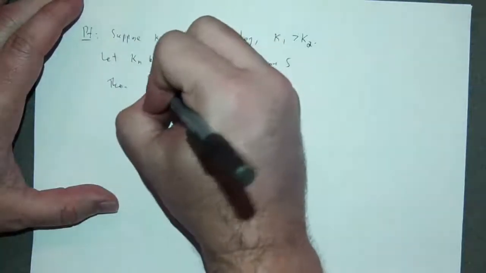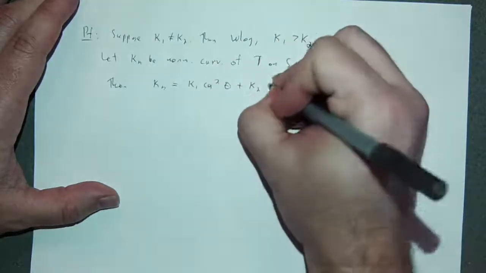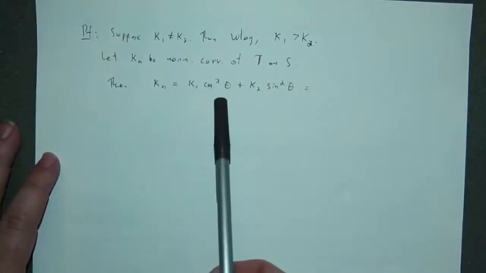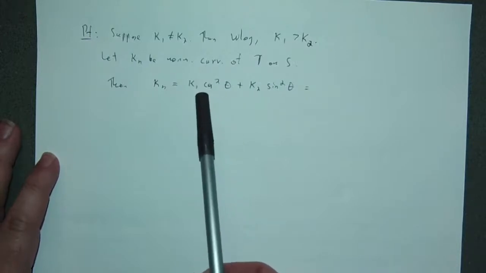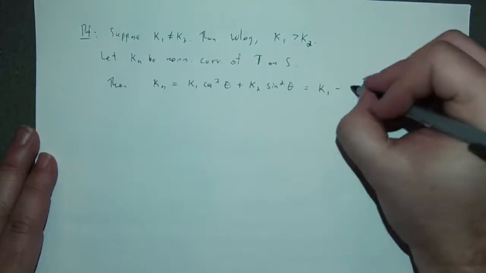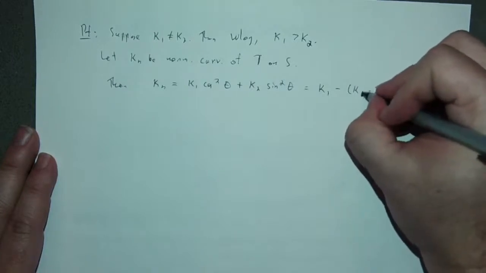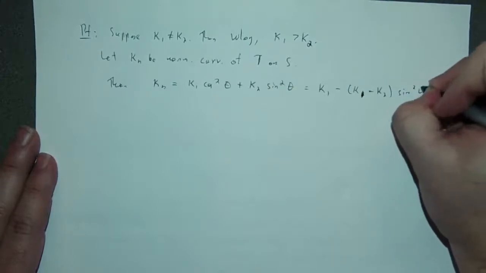Then, by Euler's theorem, this normal curvature is kappa sub 1 cosine squared theta plus kappa sub 2 sine squared theta, which I can rewrite. Saying cosine squared is 1 minus sine squared, I can rewrite this as kappa sub 1 minus kappa sub 1 minus kappa sub 2 times sine squared theta.